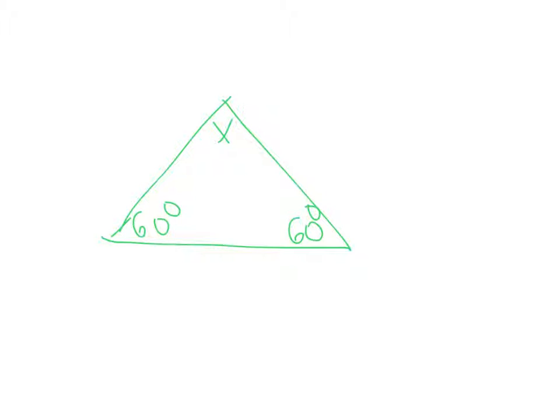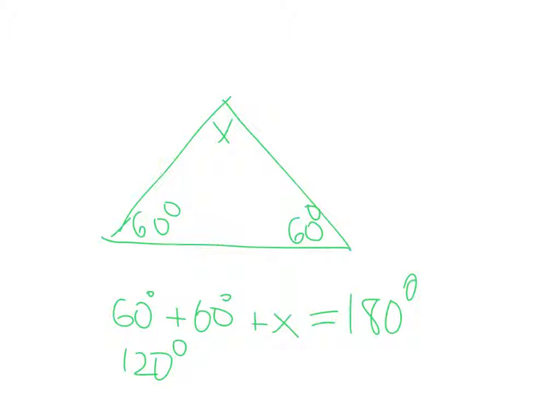So if I have a triangle here, I know that the three angles together, the 60-degree angle plus the 60-degree angle plus x is going to equal 180 degrees, because that always works for every triangle. So if I'm going to solve for x, this is going to be 120 degrees plus x is equal to 180.